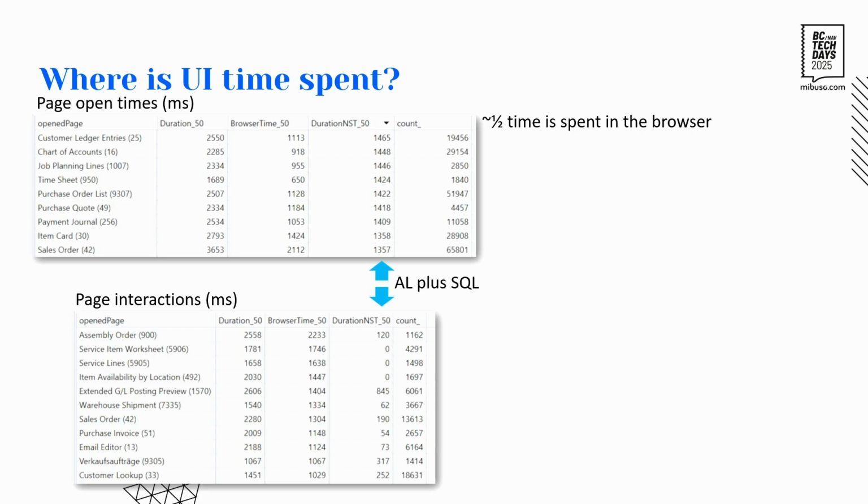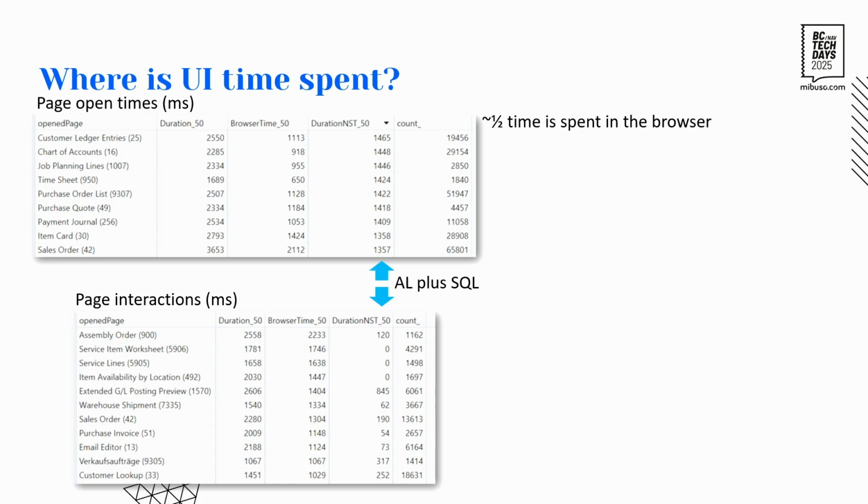But actually, approximately half of the time is spent in the browser, not on the NST, right? So I and you guys, we can only influence this duration in NST, which is the sum of AL execution and SQL execution.